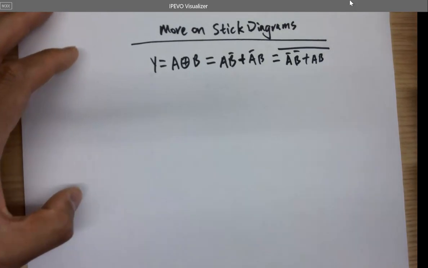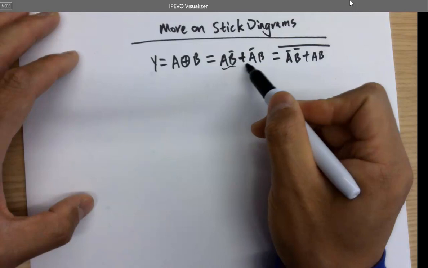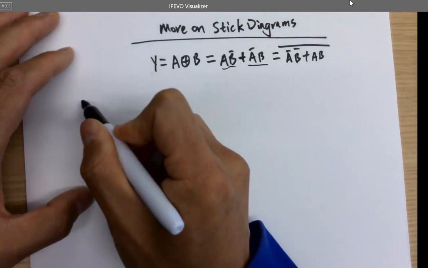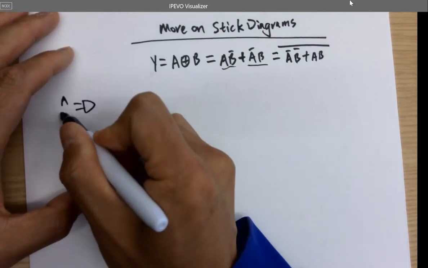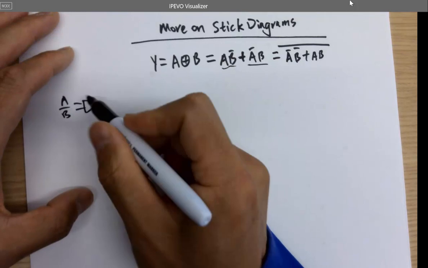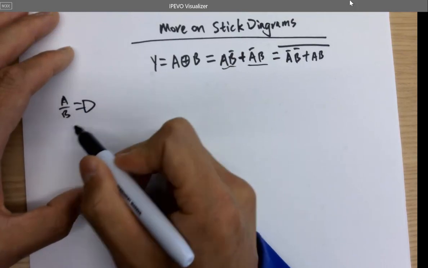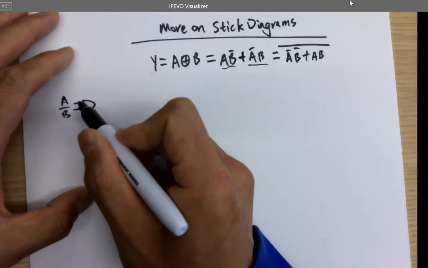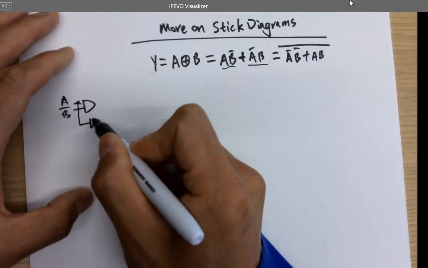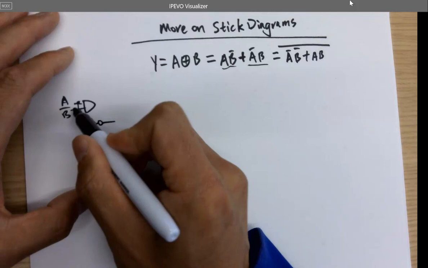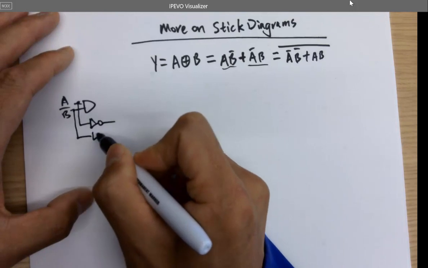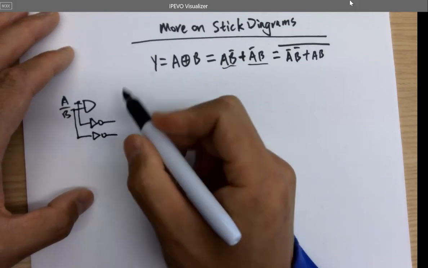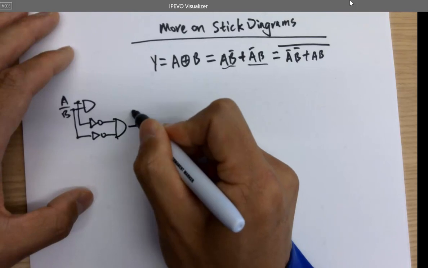Why not just do this, for this guy, right? It's basically A B not, and then A not, and this will be B, and you OR, right?